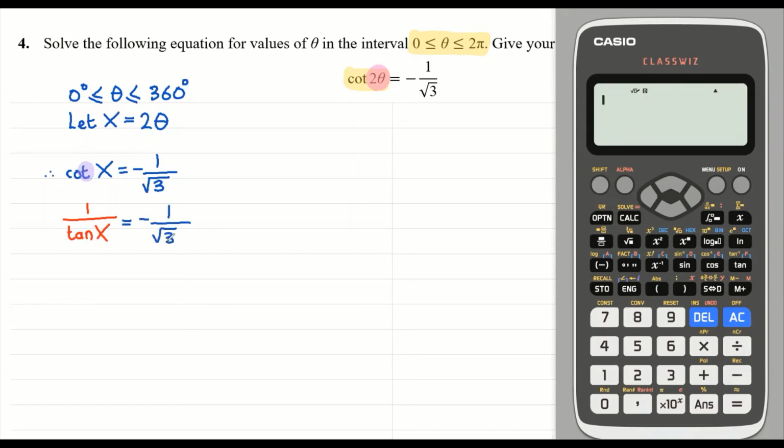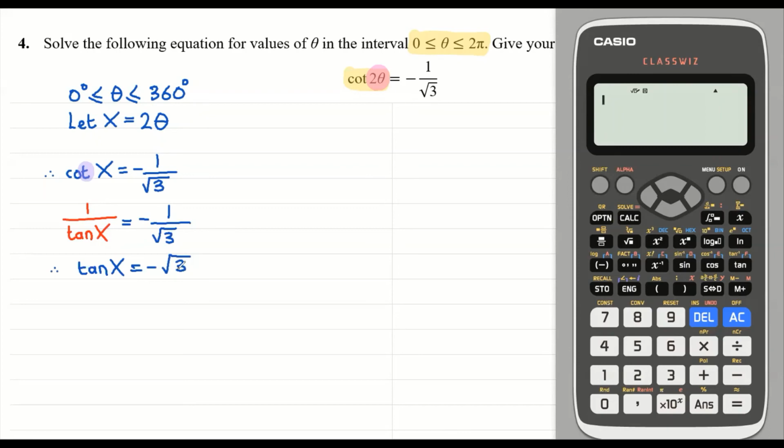And to get something more familiar, we can just reciprocate both sides. So therefore, tan of big X is the reciprocal of negative 1 over root 3, which is, of course, just going to be negative root 3. So we have a more familiar equation to solve.